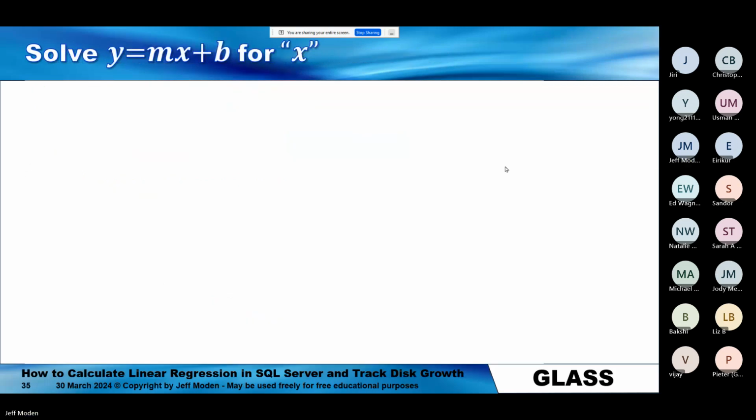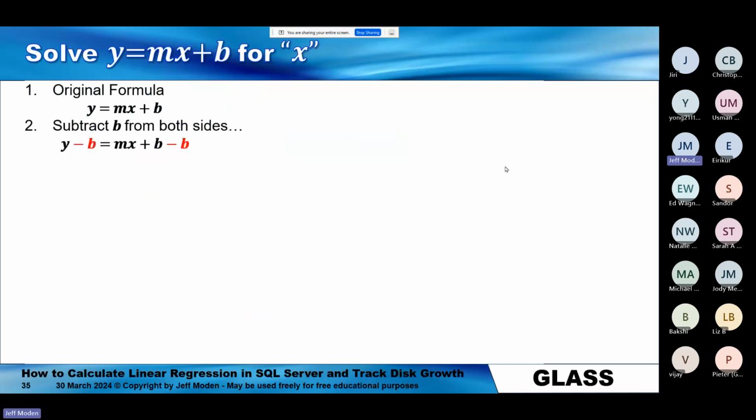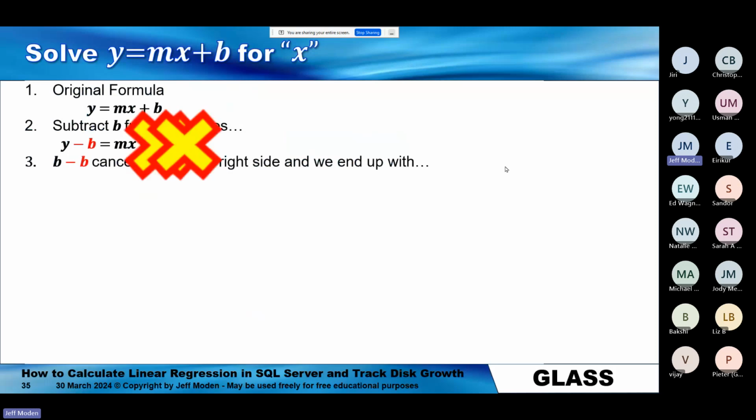All righty. So we solved a couple of dates, and the dates are on the x-axis. And, you know, we said, hey, how are we going to do this? So we have our original formula, and we are going to subtract b from both sides, first of all. And the b minus b cancels out.